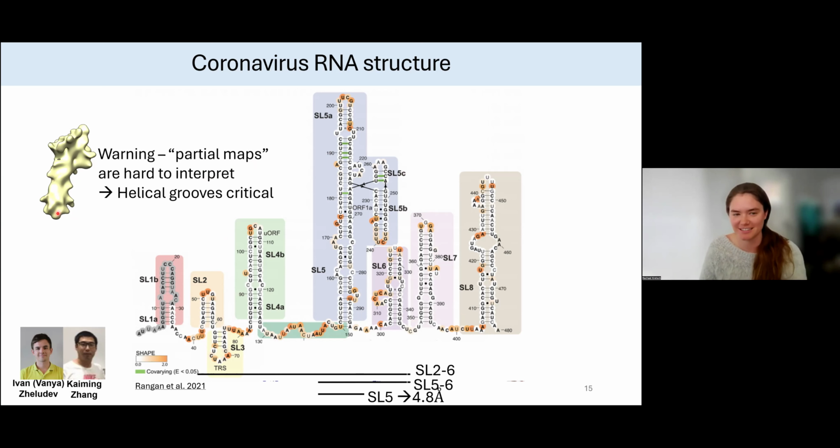These can be very hard to interpret and are probably an averaging of multiple of these domains, right? So I just want to caution when you see structures like this, for us, it's very critical to start to see that helical groove before we believe we're looking at something we can confidently model.